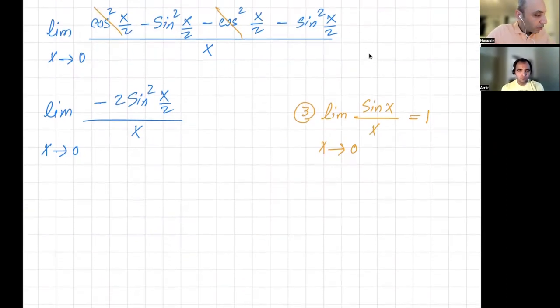Right. So I need to rephrase this limit. To do that, let me see. I think I need to divide the denominator by 2. Yeah, you can use 2 in the numerator, and you can just bring that 2 down to the denominator.